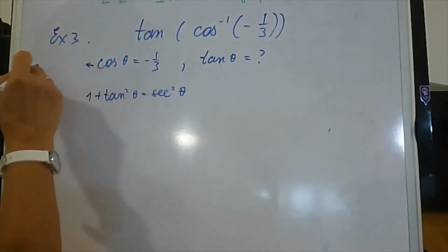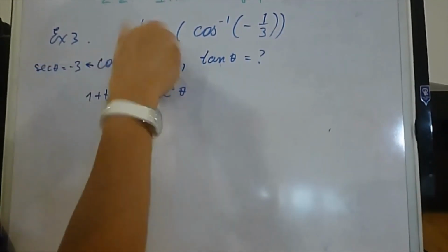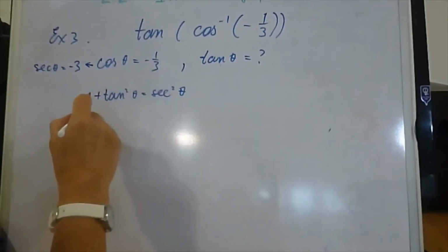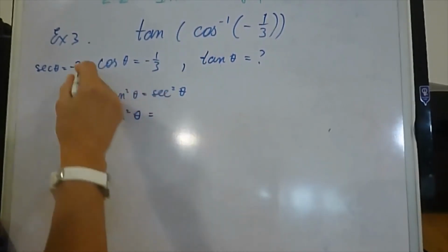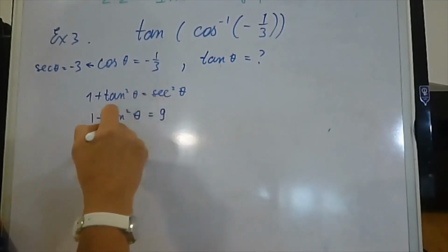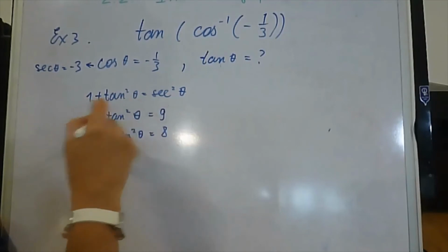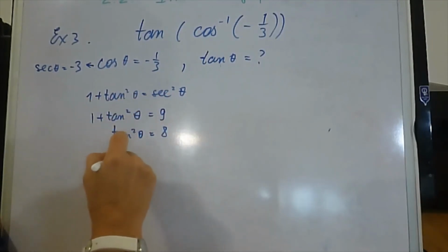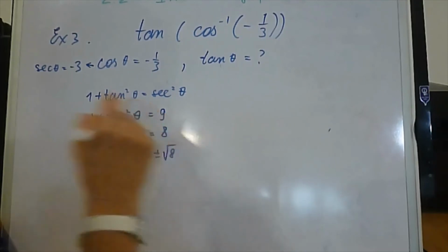So from cosine, I know that secant of theta is going to be minus 3. Now I'm going to just substitute: tangent squared equals negative 3 squared, which is 9, minus 1, so tangent squared equals 8, or tangent itself equals plus or minus the square root of 8.